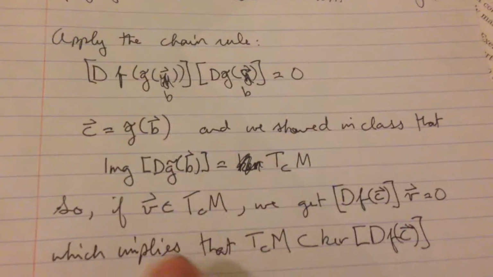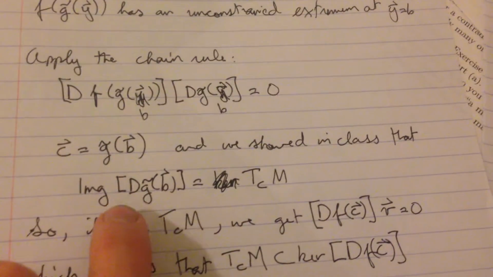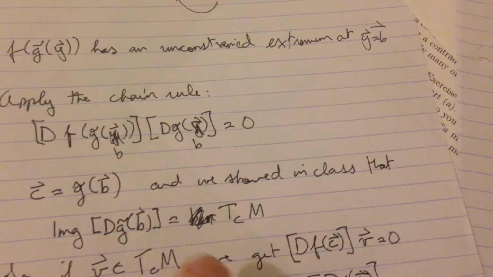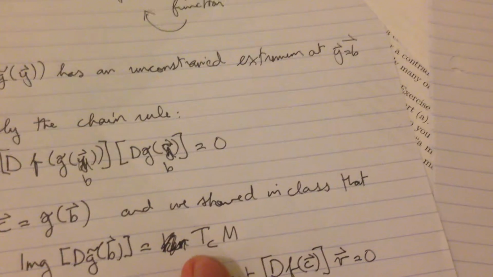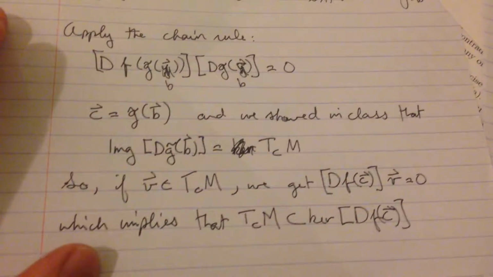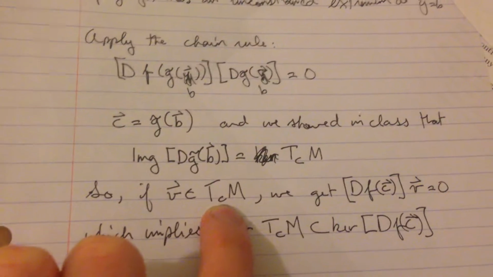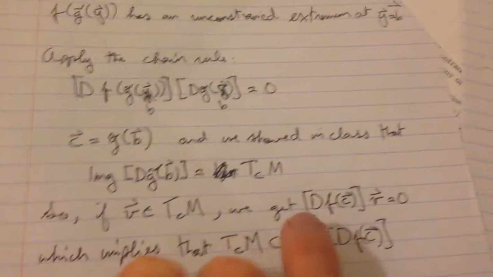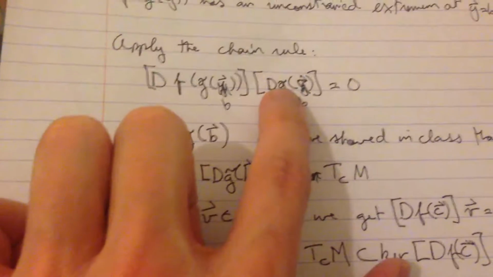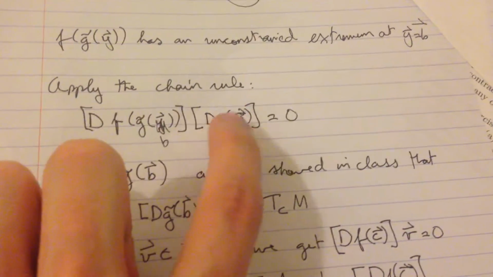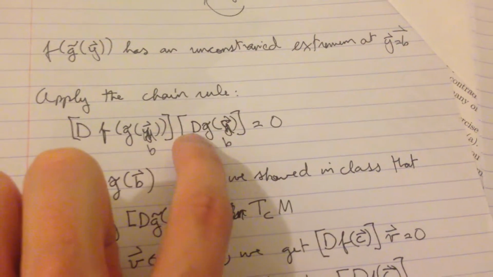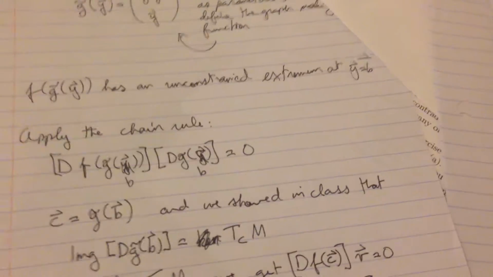So we have this equality holding, and then we showed in class that basically the image of your parameterization function is equal to the tangent space at point C. So now if we take some vector which is an element of the image, that means it's also an element of the tangent space evaluated at point C, and that means we can put it in here, because any vector, if we hit it with this d of g, we get a vector in the image.